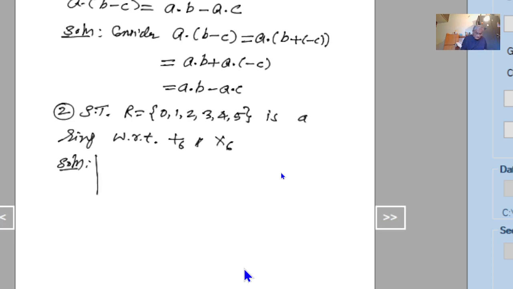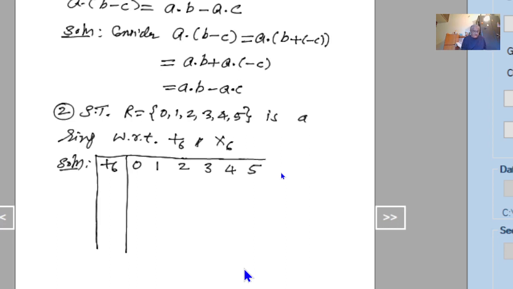So here we write the addition table first. Here we write the elements 0, 1, 2, 3, 4, 5, and column wise also we write the same elements 0, 1, 2, 3, 4, 5.